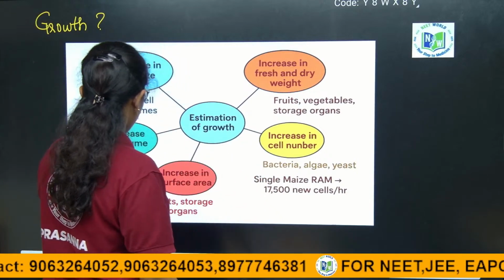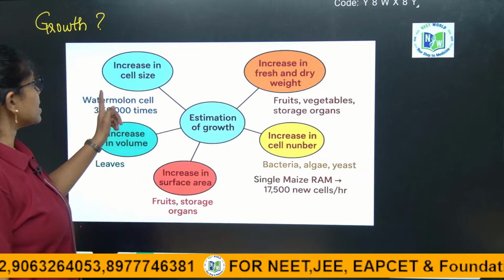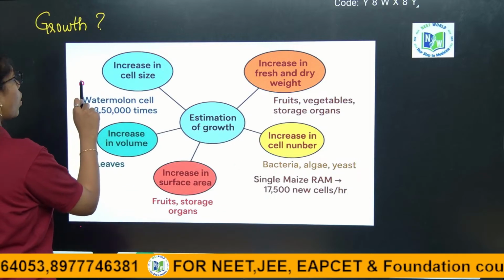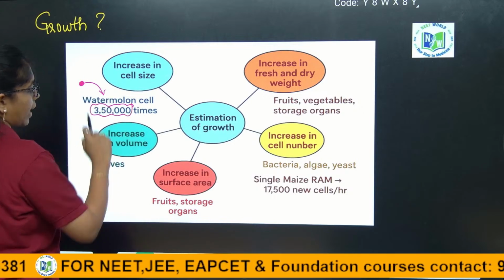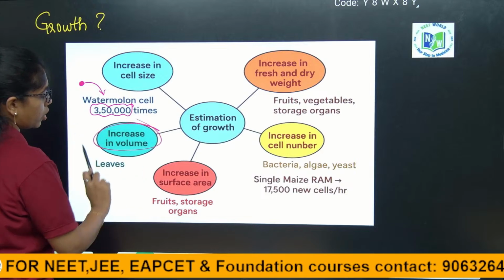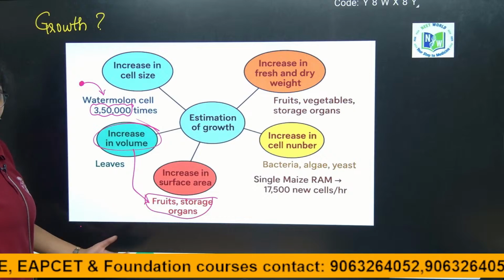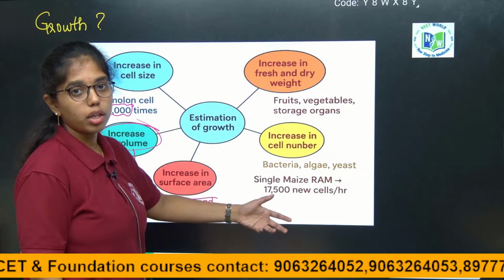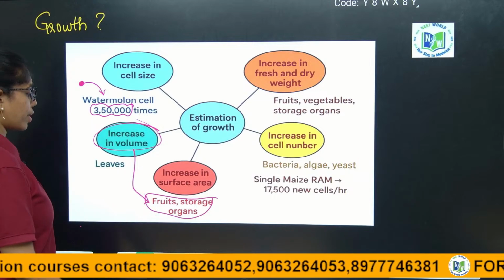You can measure growth as increase in cell size, where a single watermelon cell can increase up to 3,50,000 times. And by increase in volume: fruits, storage organs and vegetables increase in their volume, and thereby you can measure growth in them.